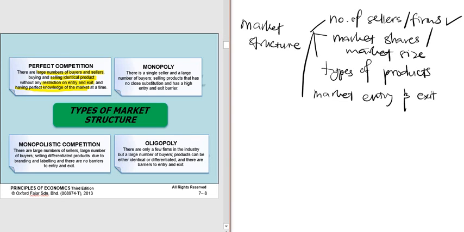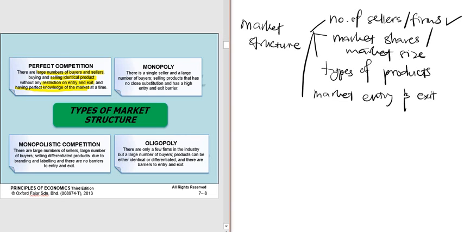An example of perfect competition is when you go to the wet market, or pasar, as we say in Malaysia, where they are selling vegetables, fishes, chickens, and any other raw materials or raw products.